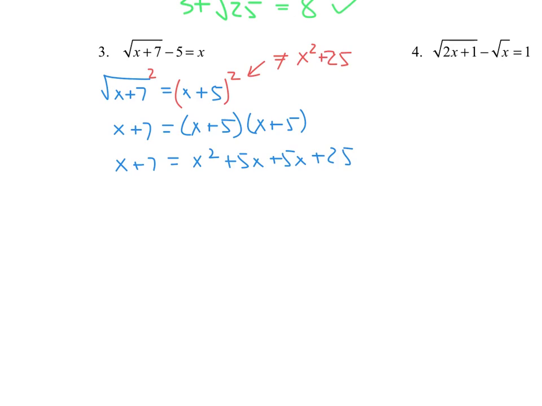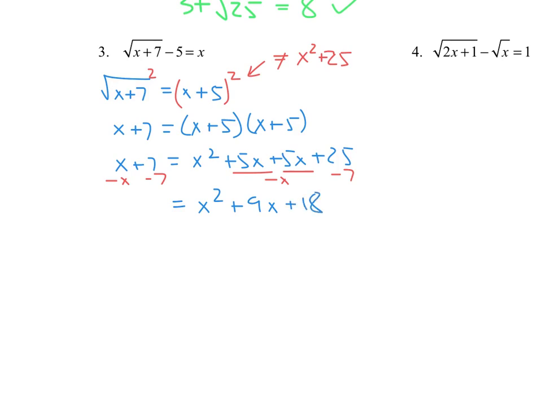So I'm going to move all the terms to one side and combine like terms. There's nothing to combine with the x squared. I'm going to add the 5x and 5x to get 10x, but then I'm also going to subtract x from both sides. And that will give us 9x. And then we're going to subtract 7 from both sides, and 25 minus 7 is 18.